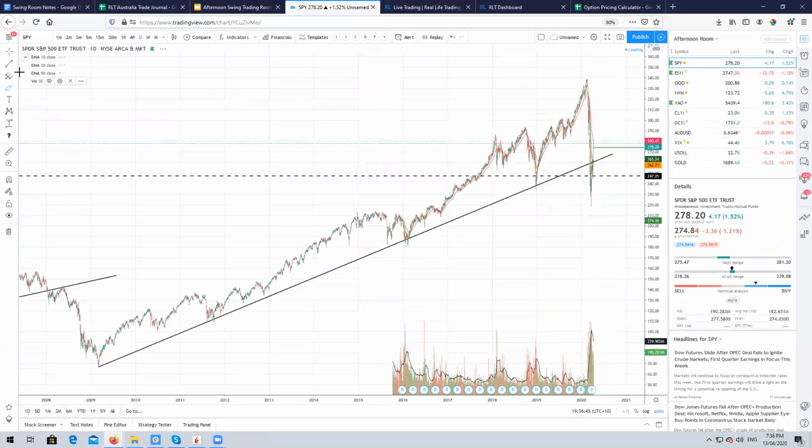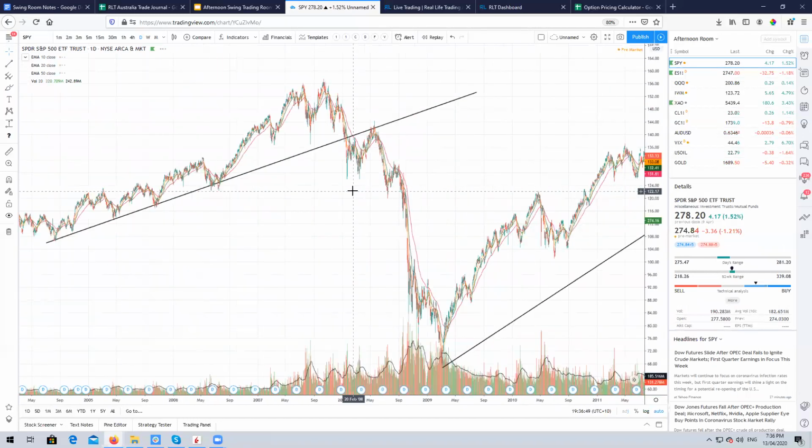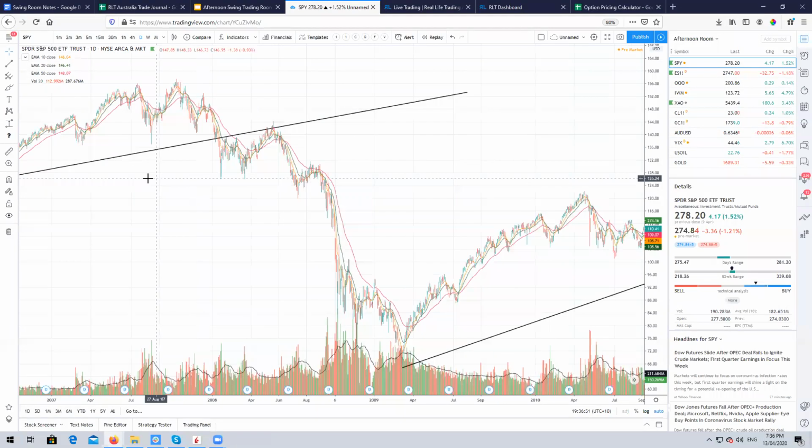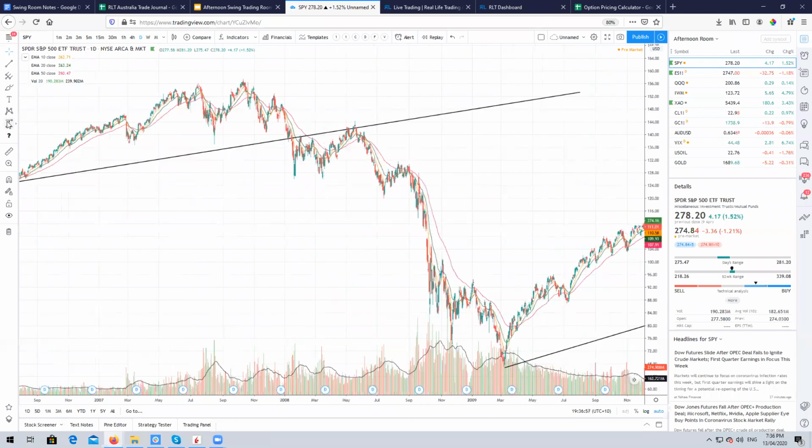So on the daily chart, for example, we had this big pullback here around 2008 when we had this crash. We had a drop of about 20%, right?